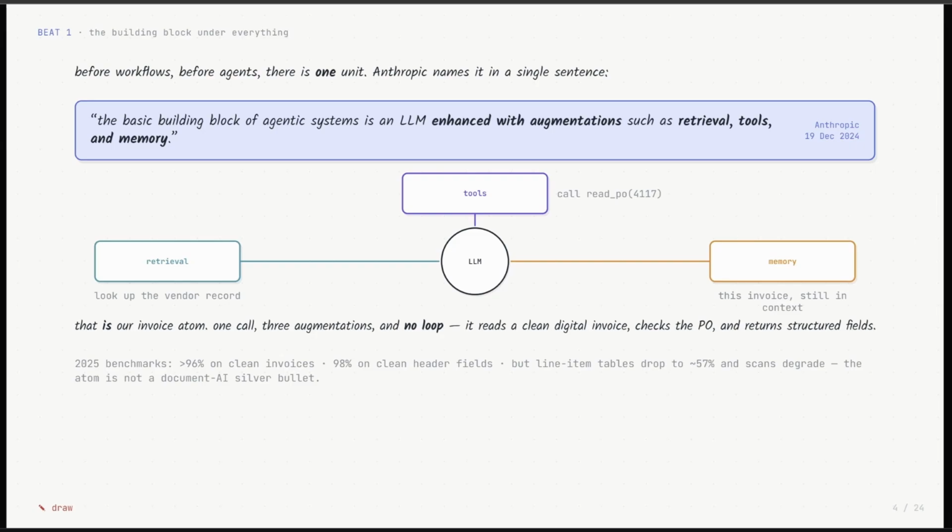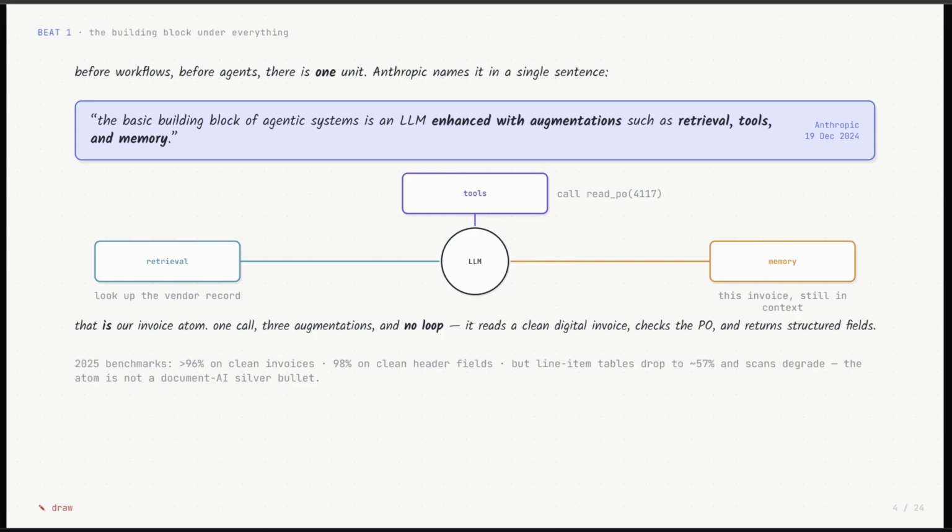Thing is, here I'm saying it reads a clean digital invoice, checks the PO, returns structured fields. The problem is that here we have a qualifier, which is clean and digital. In 2025, benchmark models cleared 96% on clean invoices and 98% on clean header fields.